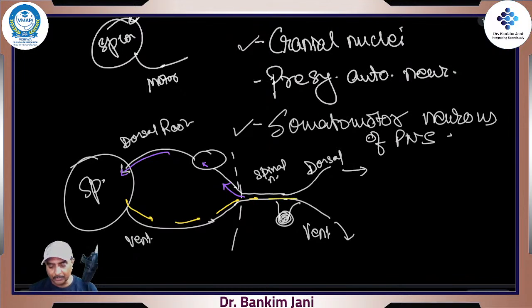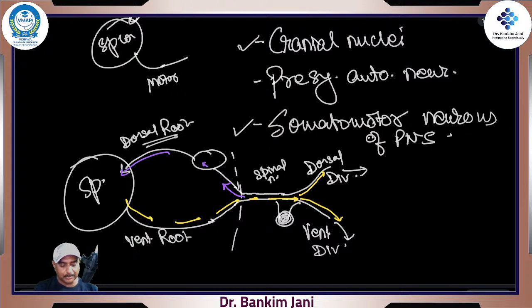When those fibers go out, a few which supply the back go to the dorsal area, and this is the ventral area. So this is what is called the dorsal division and the ventral division of the spinal nerve, and these are the dorsal root and the ventral root of the spinal cord.